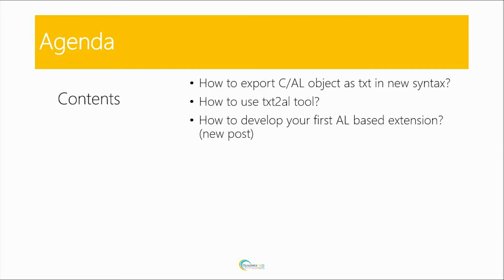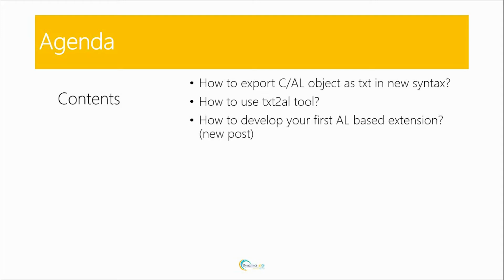In this video, we will see how we can convert our C/AL code which is in the database and export it as text in new syntax, because the text-to-AL converter supports new syntax. So this is a prerequisite to use the text-to-AL converter.